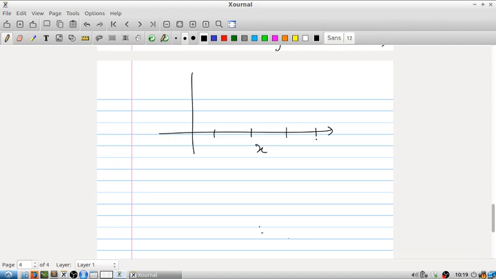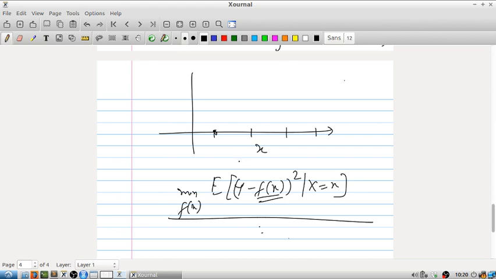For every single x, you have this expectation of y minus f of x squared given X is equal to x. This was the expression inside. So you can minimize over f of x, and you can do this for every x.